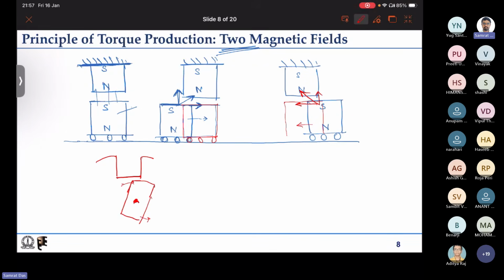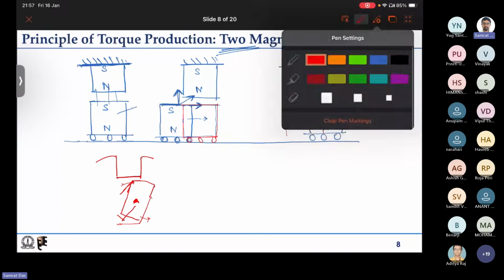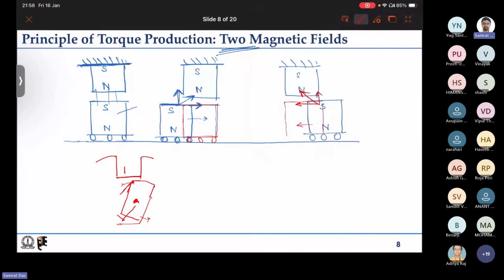It is free to rotate, but its other degrees of freedom are blocked. If we have a case like this, downward I am not drawing as of now. Only two things, say here we are having a north pole, here we are having a south pole.